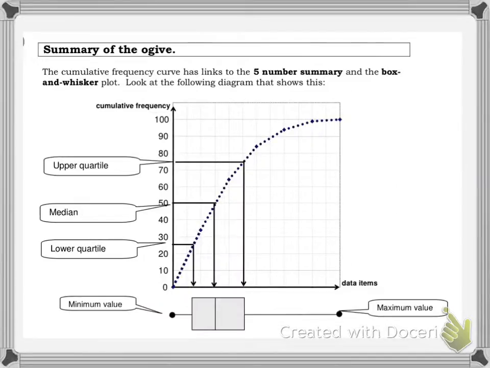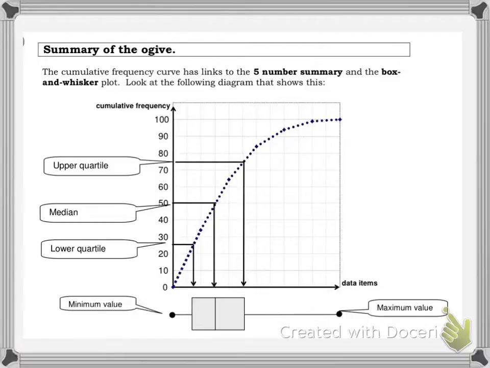Right, in this last slide, I just want to summarize what we know about the ogive. So remember, your points are always plotted at the end of intervals, drawing with a smooth curve. If you're wanting to read off your quartiles, so your upper quartile, median, and lower quartile, you need to not do the n plus 1, but just n divided by 2, or n divided by 4.